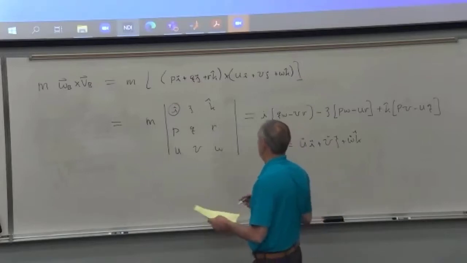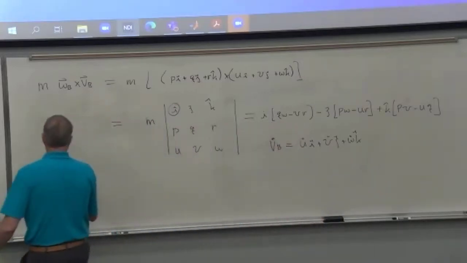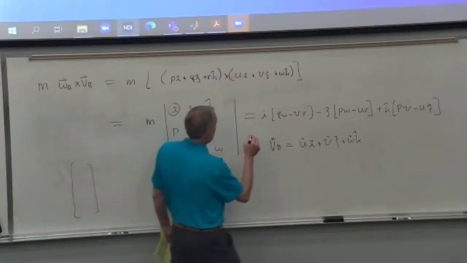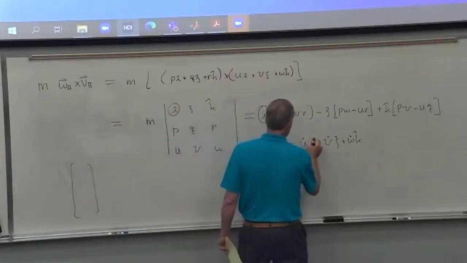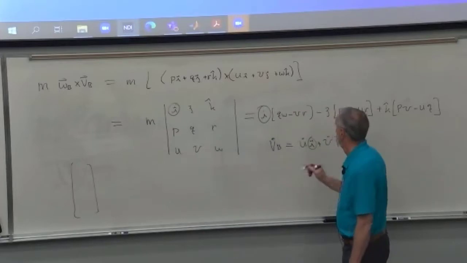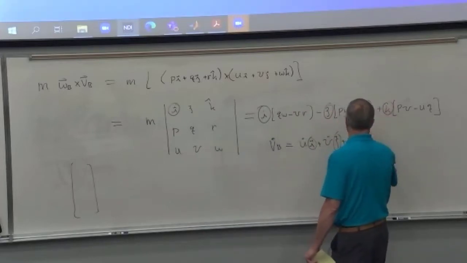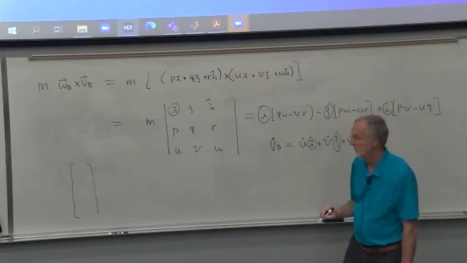So that gives us the force equations. We'll write these as column vectors now. So we're going to grab the I stuff, and that goes into the first equation. We'll grab the J stuff, and that goes into the second equation, and the K stuff, and that goes into the third equation.